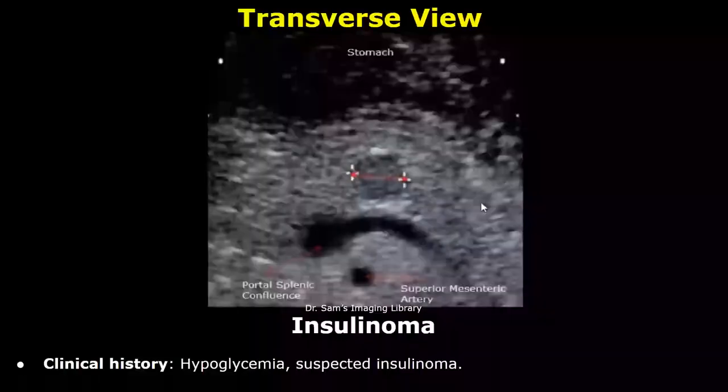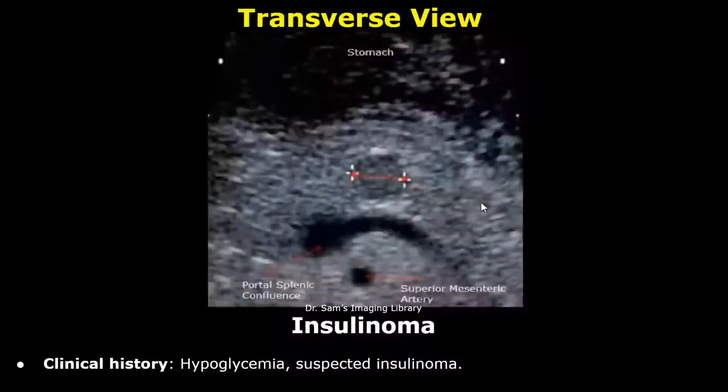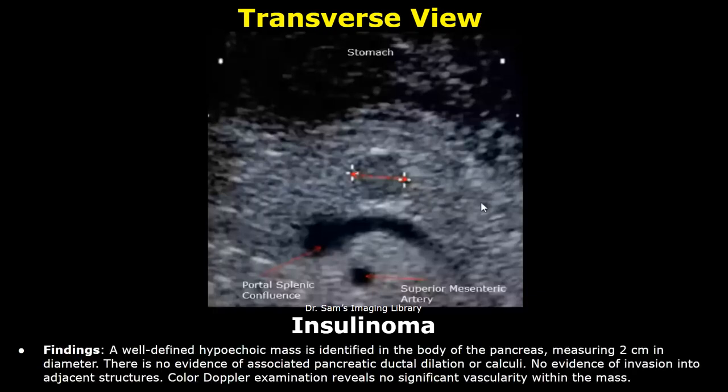Now we will look at insulinoma. It has a somewhat specific clinical history, which will include hypoglycemia. These are the findings for this example. A well-defined hypoechoic mass is identified in the body of the pancreas, measuring 2 centimeters in diameter.